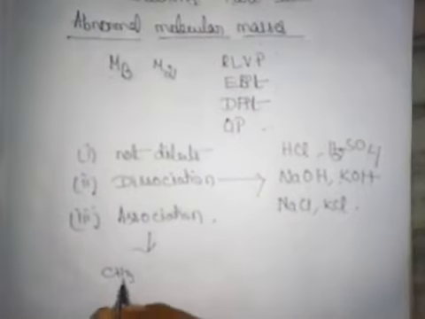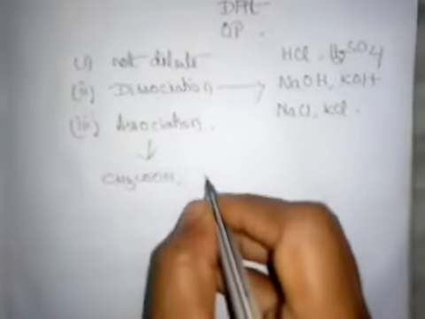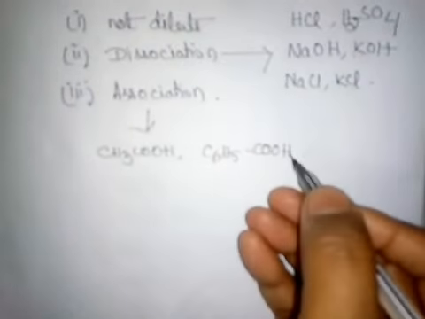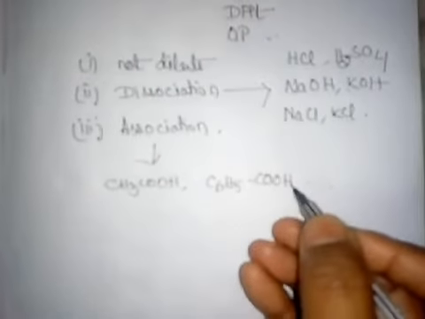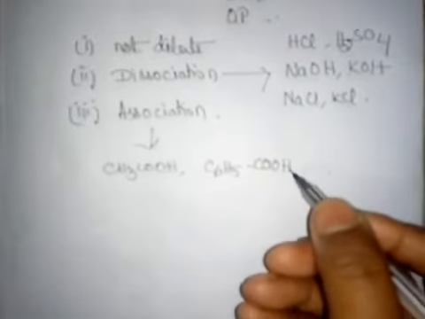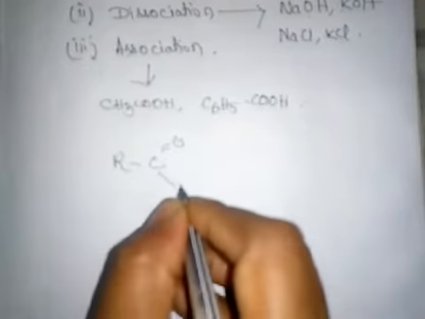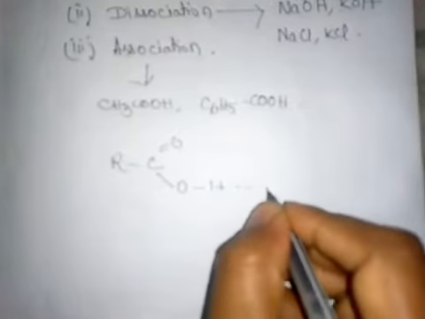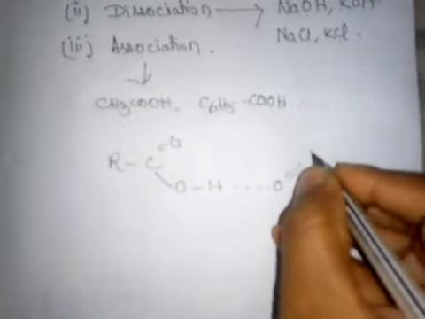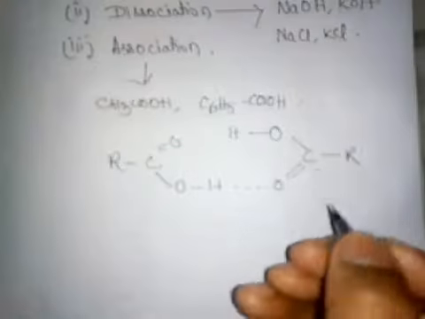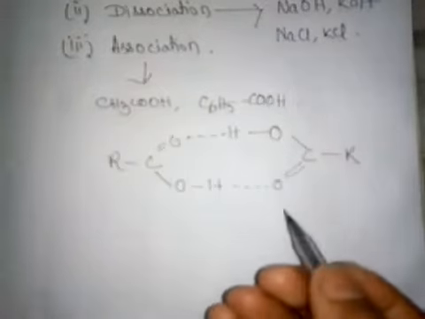Now, when we take the example of acetic acid or benzoic acid in benzene, these acids exist as doubly associated molecules due to hydrogen bonding, which can be represented like this. This is hydrogen bonding.